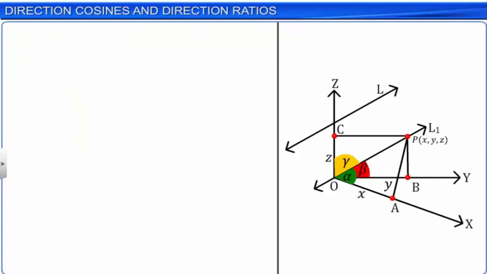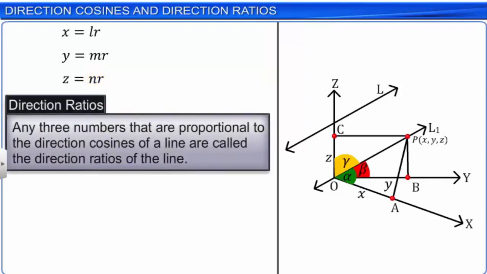While deriving the relation between the direction cosines of a line, we arrived at 3 equations as shown. The expressions lr, mr, and nr represent a number triad that is proportional to the direction cosines l, m, and n of the given line. Any three numbers that are proportional to the direction cosines of a line are called the direction ratios of the line.